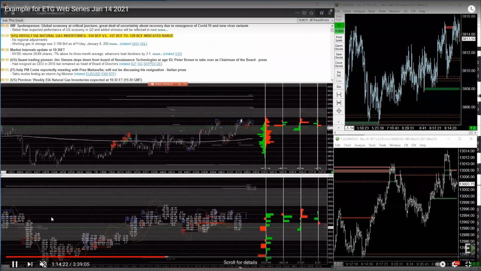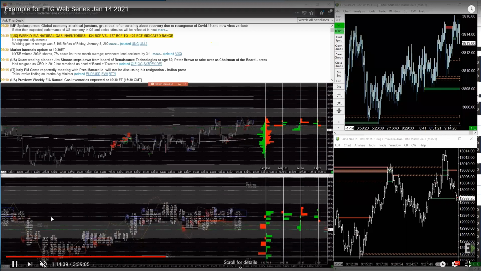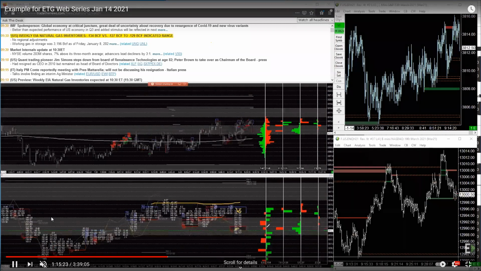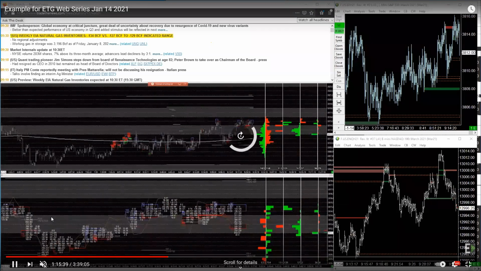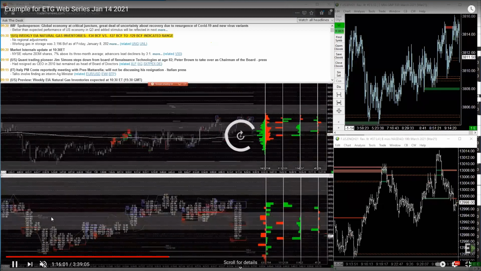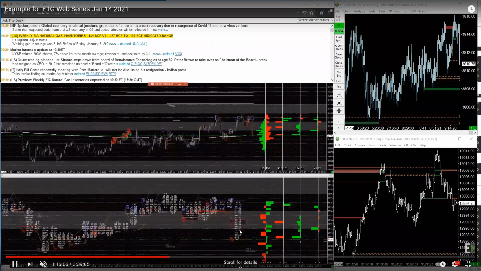Now let's scrub ahead a little bit because this was a pretty big move. How many people remember this move this morning at around 9:30 Central? I'm going to fast forward. Going fast. Now, watch a couple things happen. You see the red box is a big seller, right? He gets it to go lower.